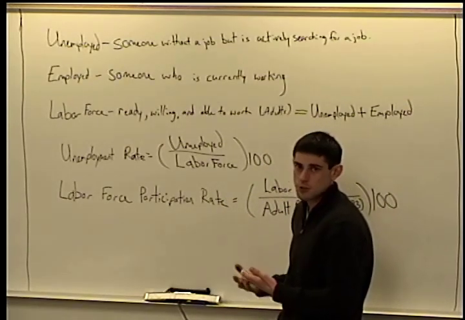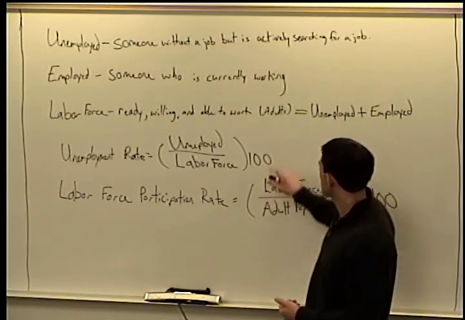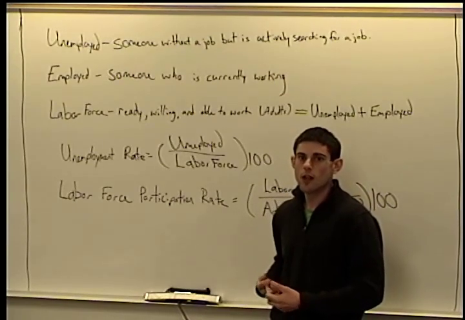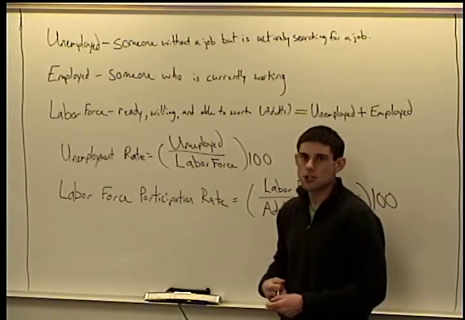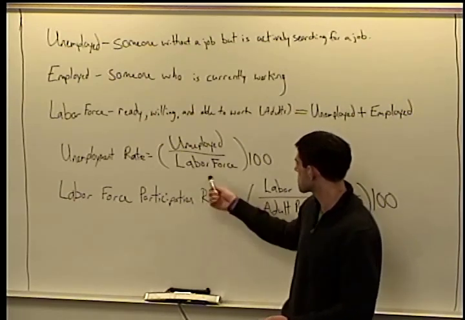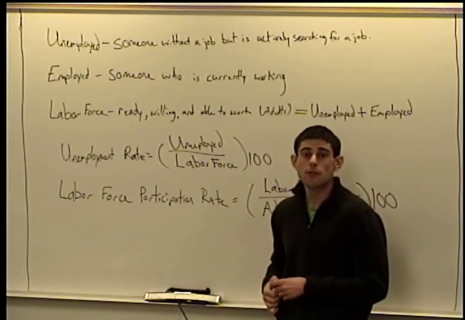And that's troublesome. So a lot of people may become discouraged, and in fact, at the jobs report today, the unemployment rate was unchanged, even though we added more people who couldn't find a job to the economy. The reason that the unemployment rate was unchanged is probably because we had discouraged workers drop out of the labor force as well.